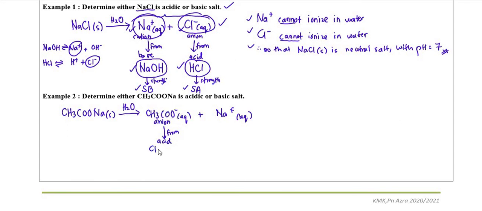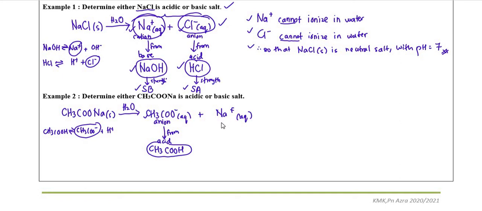Okay, CH3COOH. Why I choose this acid? Because you conteng di tepi ni CH3COOH. When I dissociate its acid, this acid, I will get this ion and H+. So similar that I want this ion. So this is suitable acid.